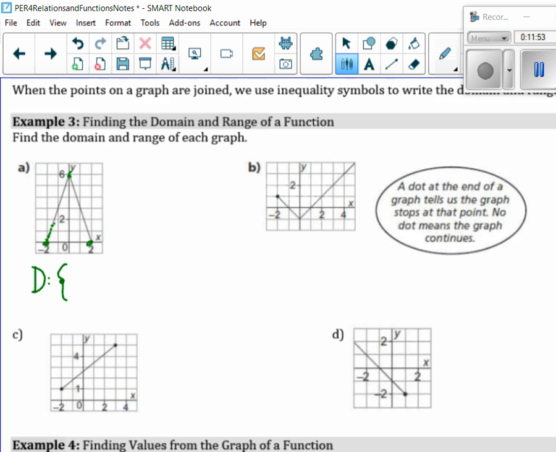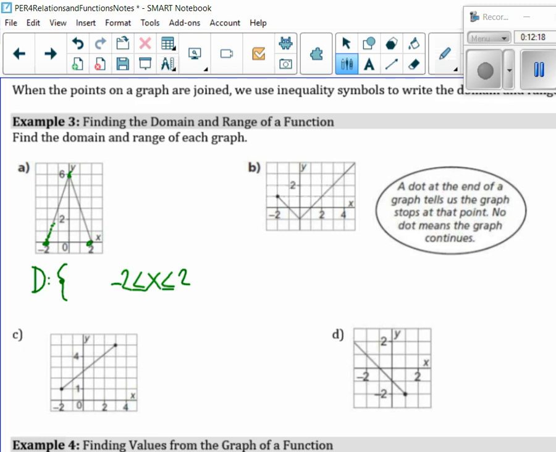So what is domain, our variable? Okay, so x, so leave a space here, okay? So x is between -2 and 2. Can it equal -2 and 2? Yes, because there's an actual solid point on there. So you put a little equal sign underneath it.